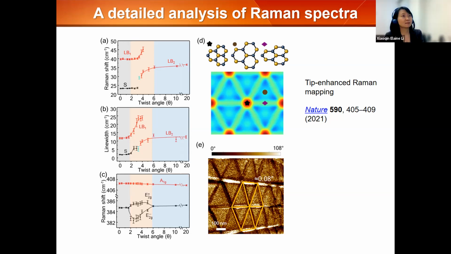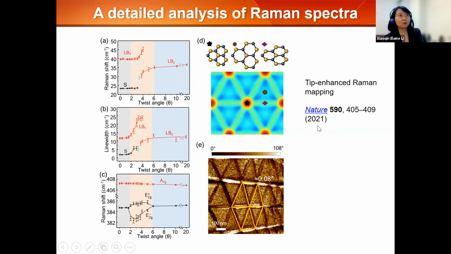Yes. Thank you. So, Elaine, in this tip enhanced Raman, what's the spatial resolution? Right. This is not our work. The spatial resolution. They also image the huge Moiré supercell, and they did it in graphene. Okay, this is bilayer graphene.